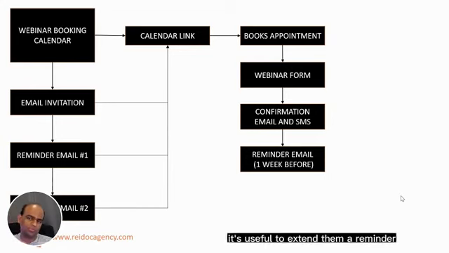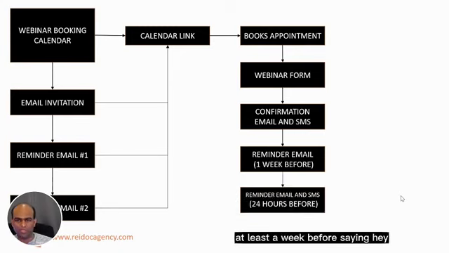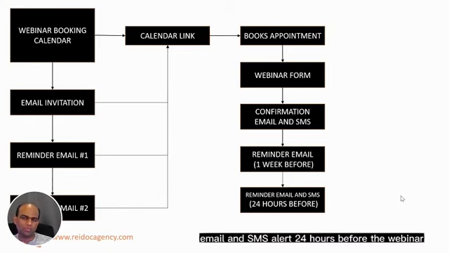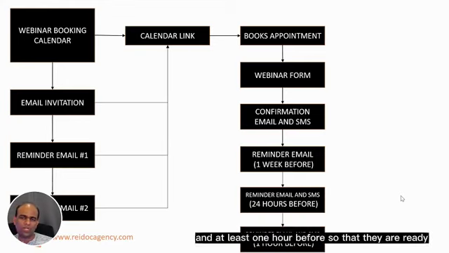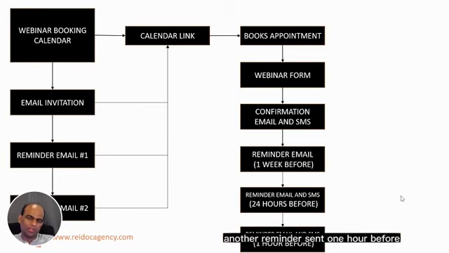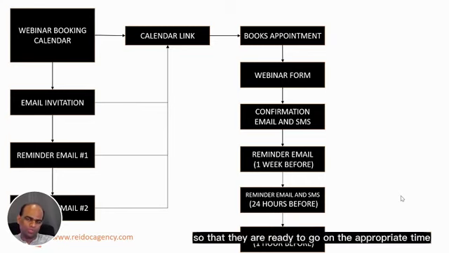It's useful to send them a reminder at least a week before, saying, hey, your webinar is coming up next week. And also, we usually send an email and SMS alert 24 hours before the webinar date and time, so that they can attend it. And another reminder sent 1 hour before, so that they're ready to go at the appropriate time.